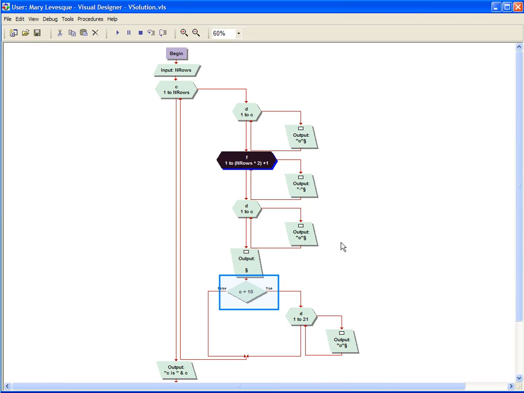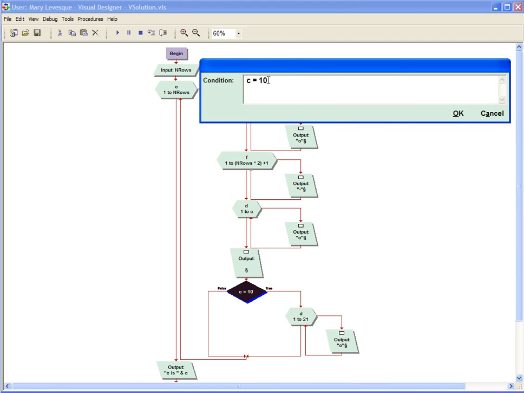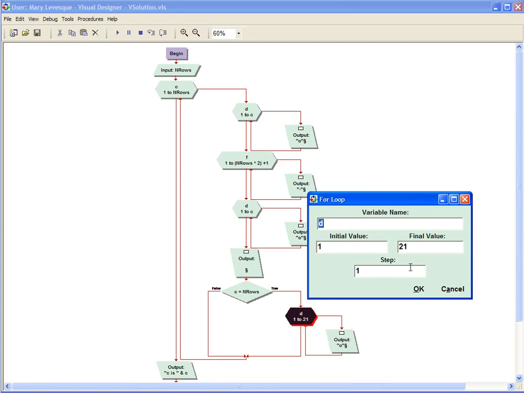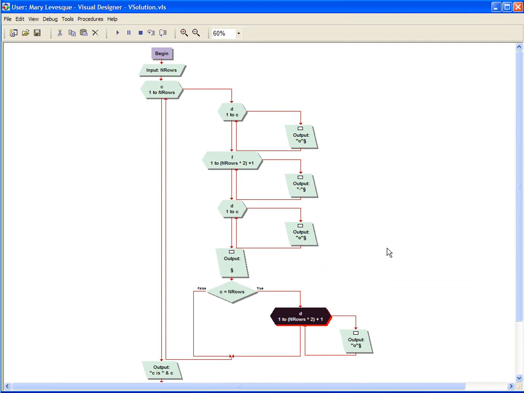D being 1 to C, that's fine. C equals a 10. And again, D 21, nope, that's going to be the number of rows doubled plus 1. And I think that's it.